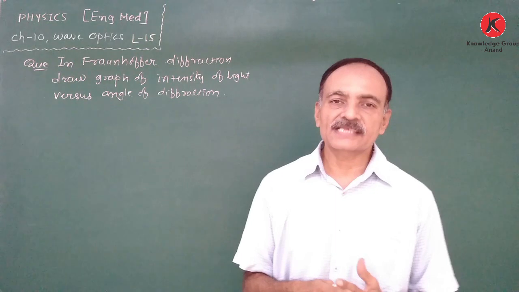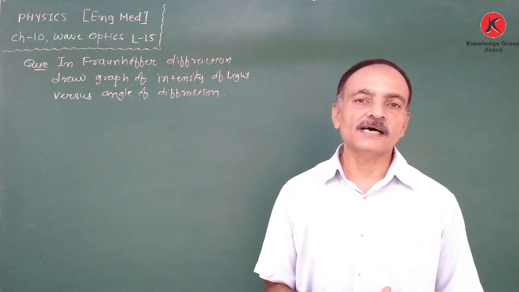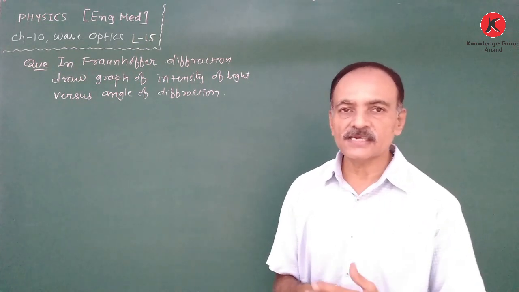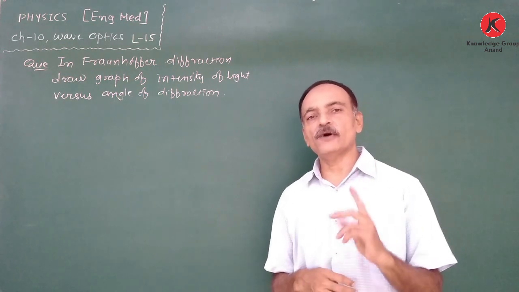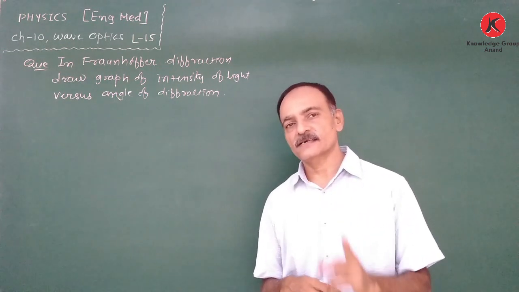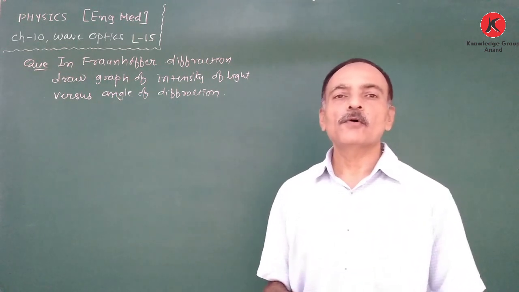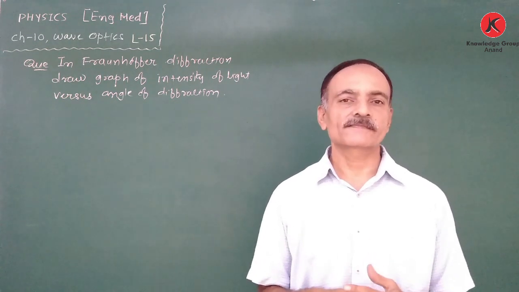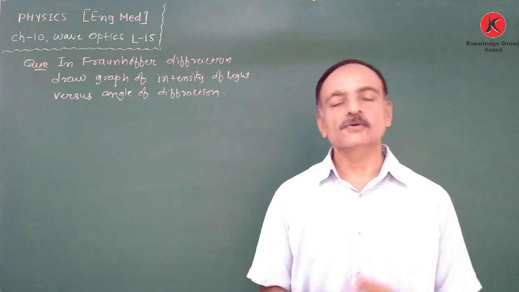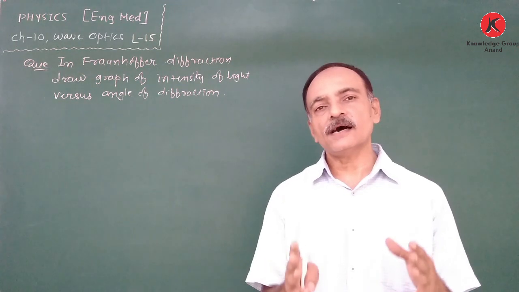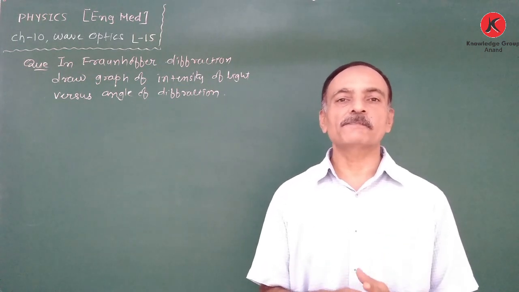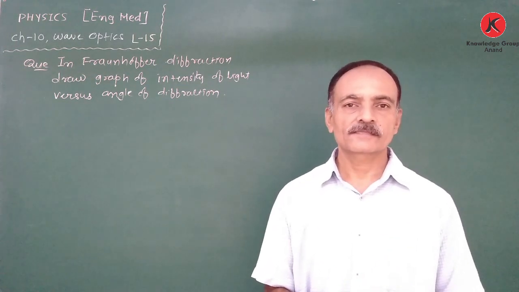So different maxima and minima are obtained. As a result, on the screen, different points are bright and dark, the intensity of all the bright fringes is not the same, and the width of all the fringes is not the same.